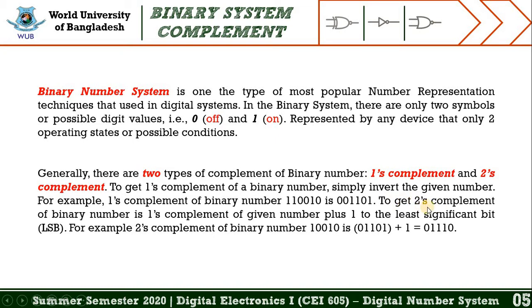To get two's complement of a binary number, take the ones complement of the given number plus 1 to the least significant bit, which is in short LSB. For two's complement of the binary number 10010, it is 01101 plus 1, which is 01110.